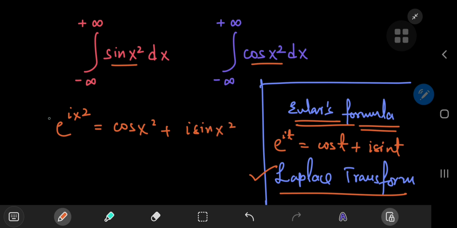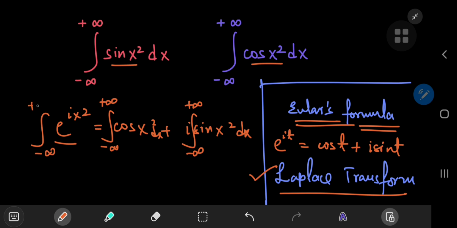So in order to evaluate the two Fresnel integrals, I will be evaluating the exponential function here, e to the ix squared. So we're integrating e to the ix squared from negative to positive infinity with respect to x. And we're going to use the Laplace transform here.